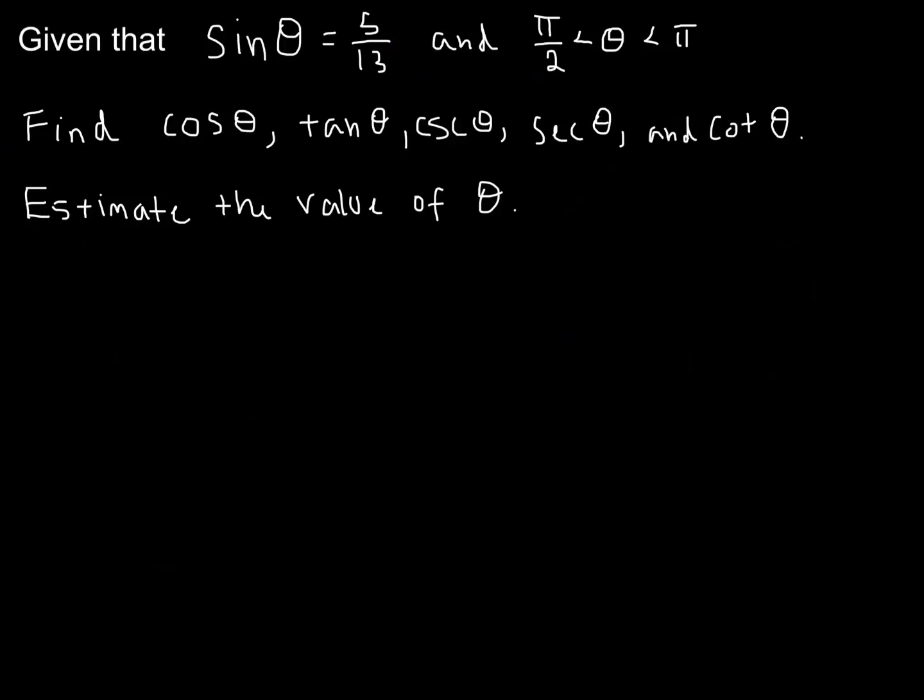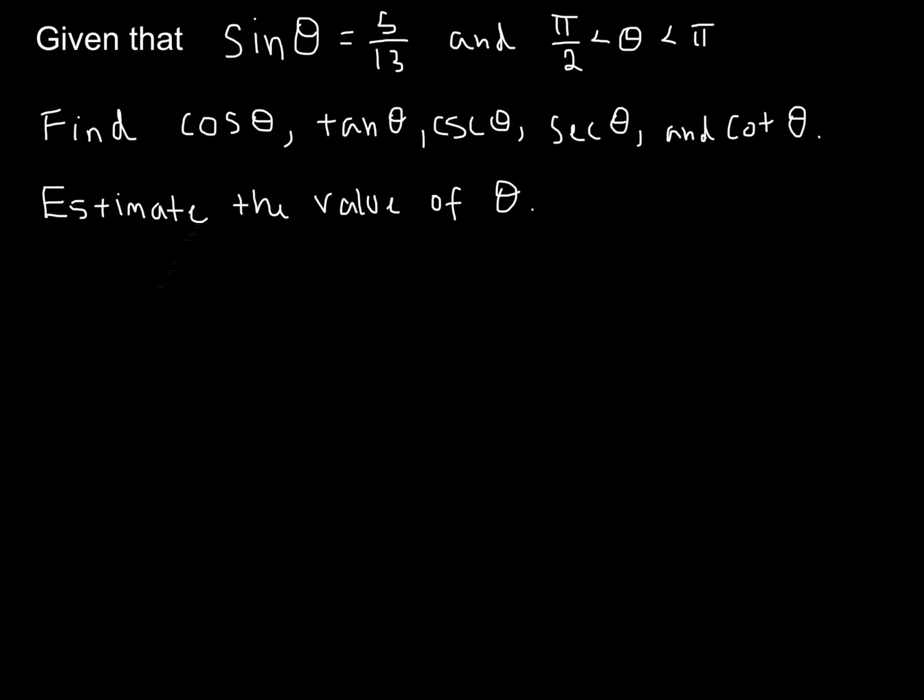So if you are struggling to remember how to do this, you can go back and take a look at the previous video or look in your notes. But the one key tip that I'll give you is to remember the Pythagorean identity. And then, of course, for estimating the value of theta, I want you to try and get more precise than this here. So try and give a more precise value of theta.